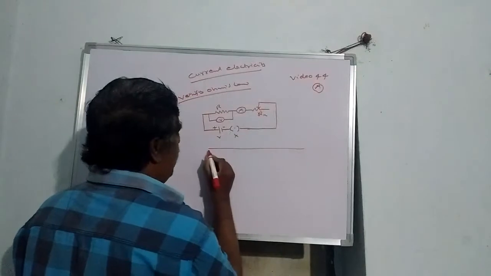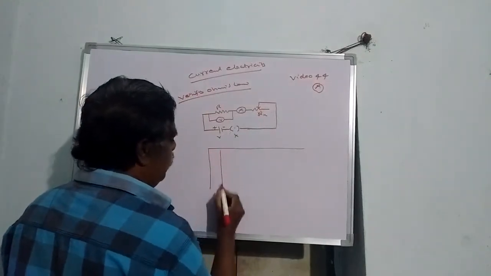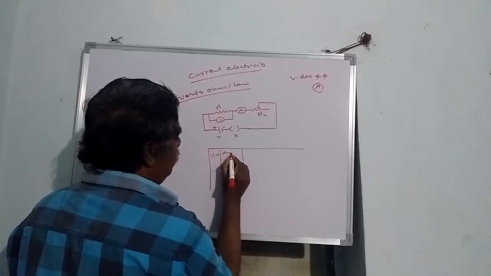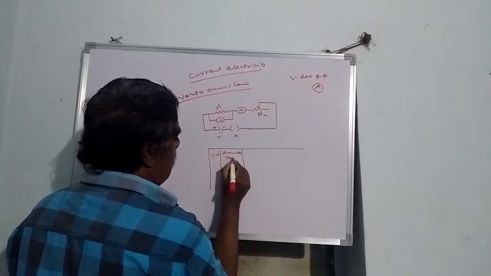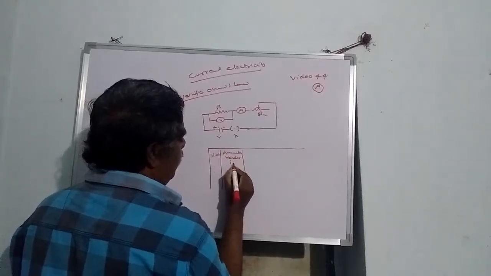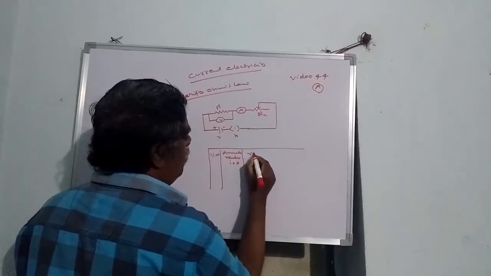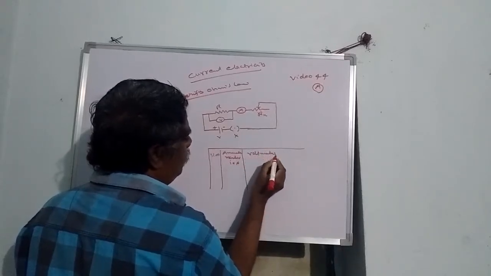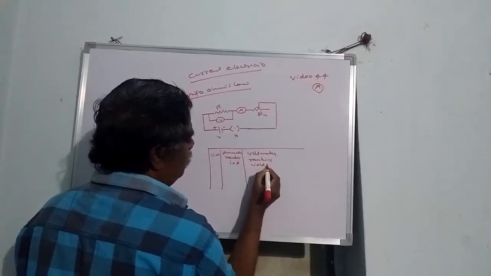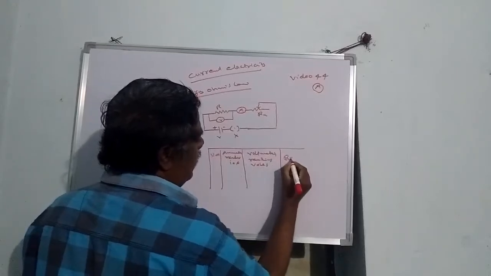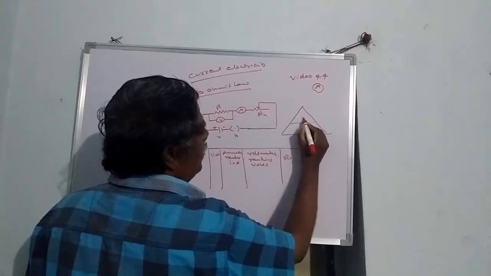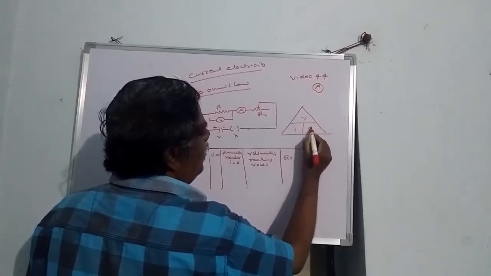Then how to conduct this experiment? Draw the tabular column to carry out this experiment. It consists of serial number, ammeter reading, denoted with I, in amps, voltmeter reading in volts, and next resistance R. We can remember the relation with the help of a magic triangle VIR.